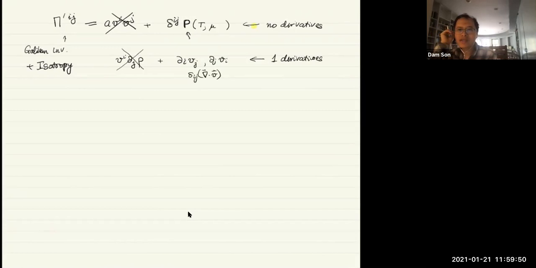These would be the structures that are allowed by Galilean invariance, because v changes under Galilean transformation, but its derivative doesn't change. Capital V, the parameter of Galilean transformation, is constant.